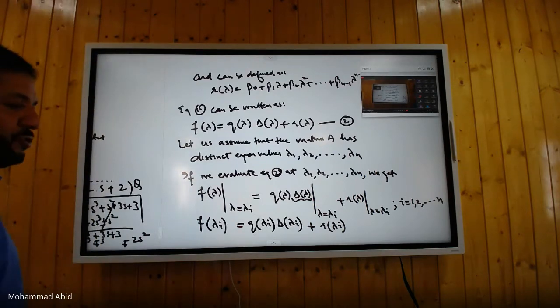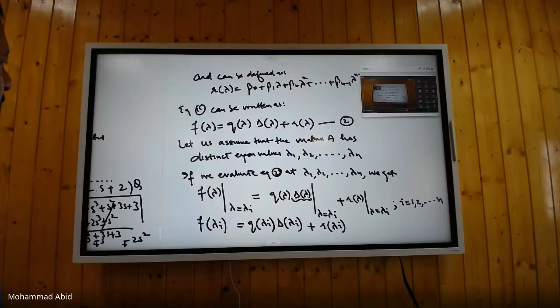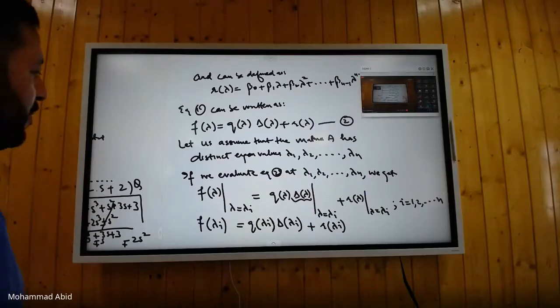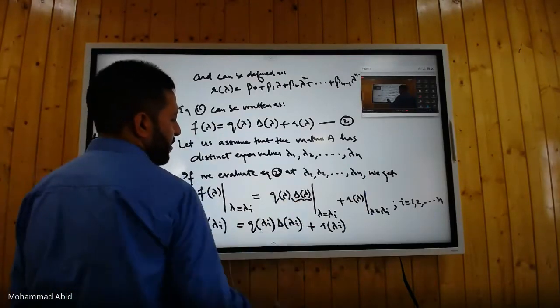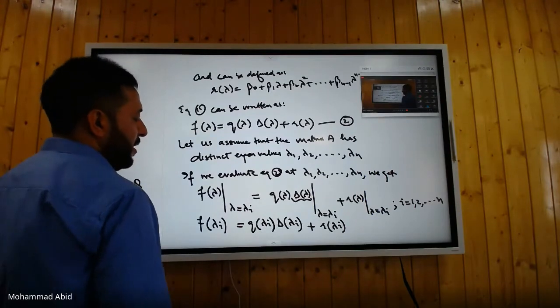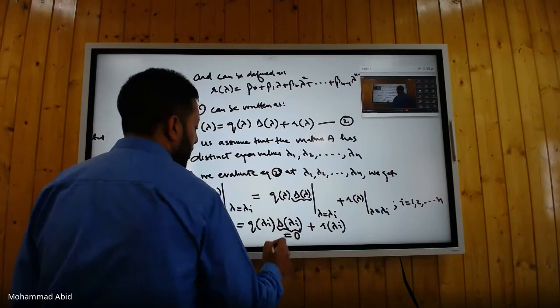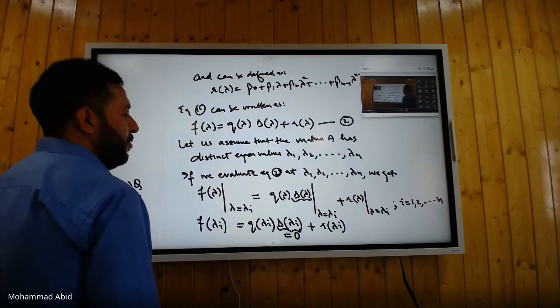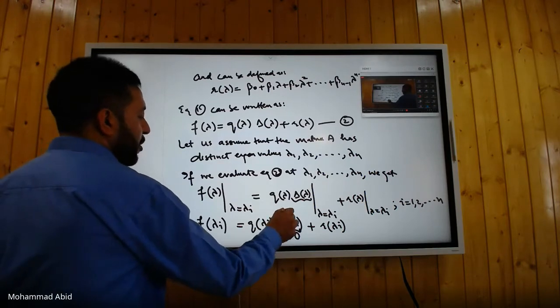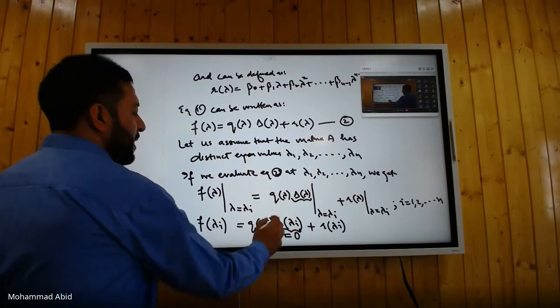What do we call the solution of the characteristic equation? Sir, it will be 0, because this is actually the solution of this polynomial equation, isn't it? So delta lambda i is equal to 0, because lambda i is the eigenvalue and delta lambda is the characteristic polynomial. So when you evaluate the characteristic polynomial at the eigenvalue, that will be equal to 0.